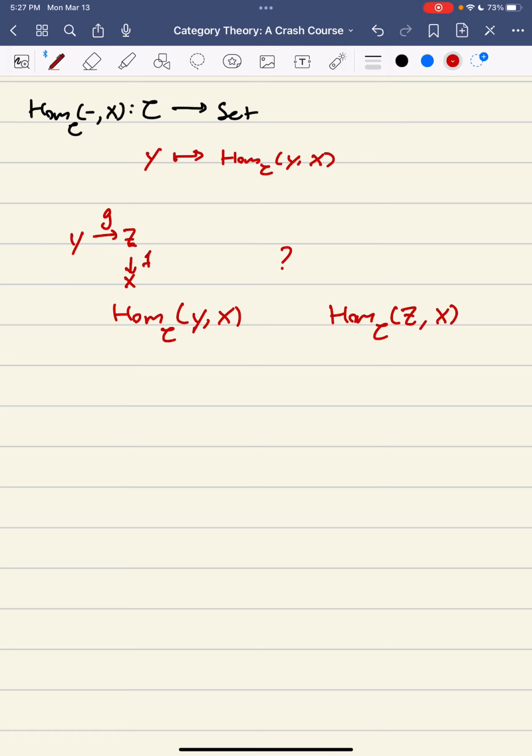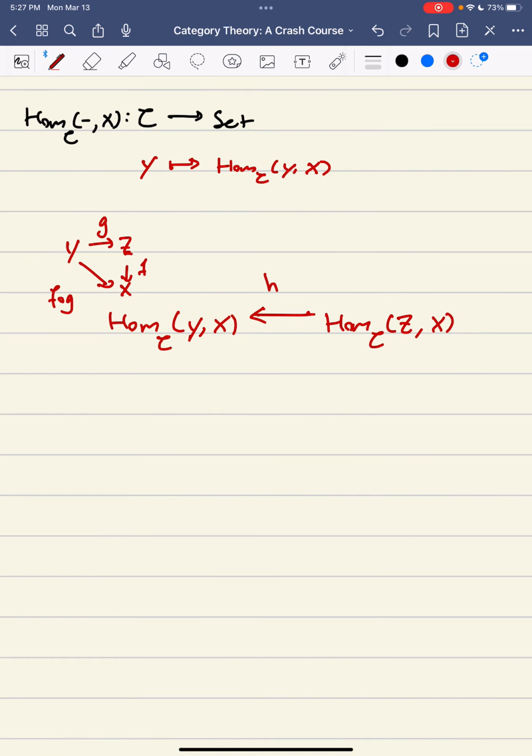But if I started with a morphism from Z to X, I can compose. So given a morphism from Y to Z, you get a map going in the opposite direction.